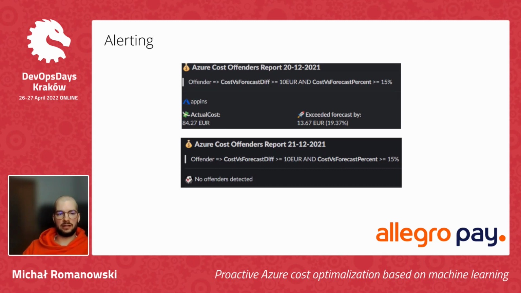So when we receive that alert, we are obligated to take some actions to investigate this a little bit more and to learn what's the origin of that unplanned cost. And on the bottom, you've got the report from the next day, when we had no offenders at all. And on that occasion, we see this happy panda face.